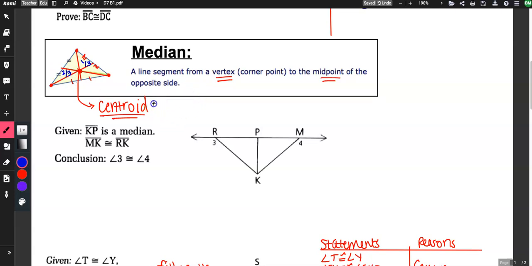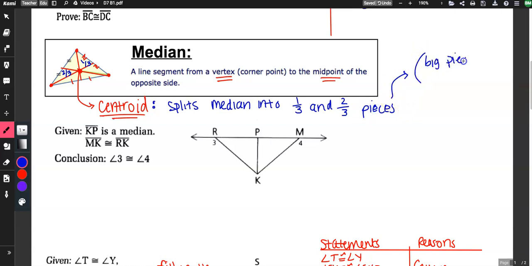So the centroid splits the median into 1/3 and 2/3 pieces. Another way to think about that proportion is the big piece is double the size of the small piece.